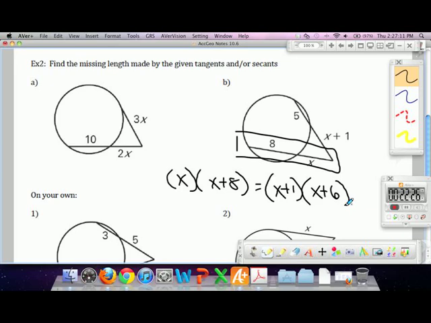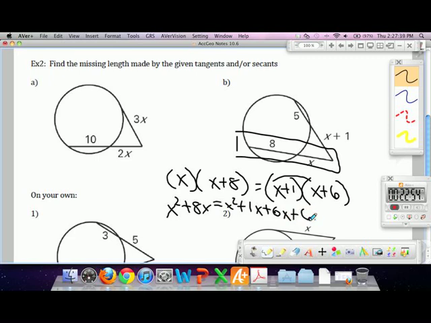Now I think, by inspection here, if you FOIL both sides, we won't have to do factoring over this one. I think our x squareds we'll be able to subtract out just by looking ahead. We get x squared plus 8x, and that's equal to x squared plus 1x plus 6x plus 6.